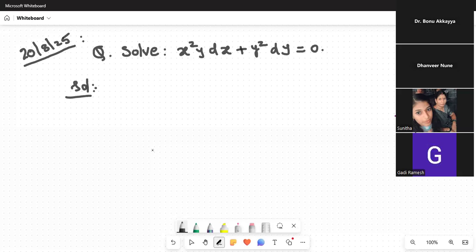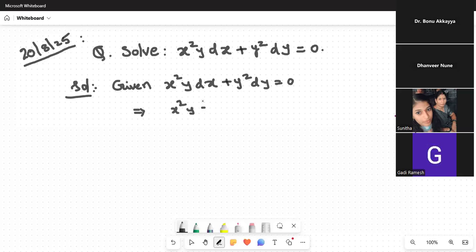Okay, I can solve this problem. So first of all, write the given differential equation. Then try to express the differential equation in terms of dy by dx.